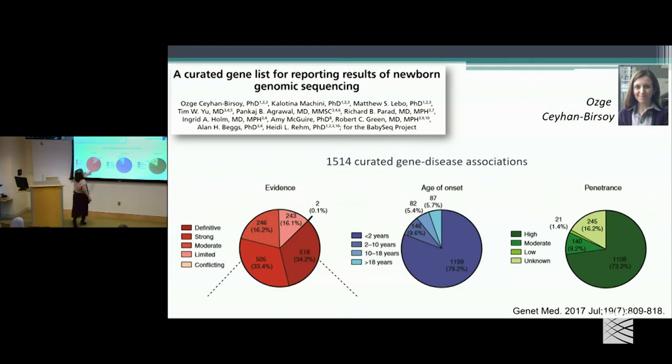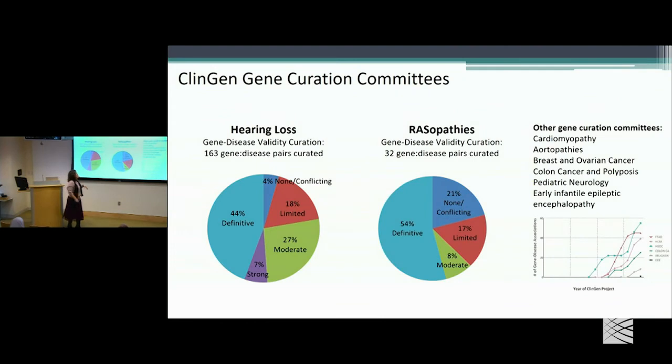Now, this actually looks much better than the reality, because she picked the best 1,500 genes based on some publications. It's actually not as good, and here's an example of going deeper into a particular disease area. So our hearing loss group curated 163 genes for gene disease validity. 44% were definitive, 7% strong, 27% moderate, 18% limited, 4% no evidence, conflicting, etc. And that same thing, looking at RASopathies.